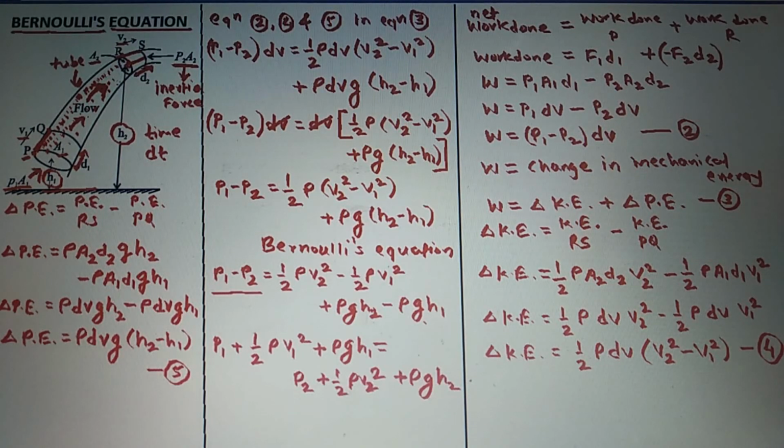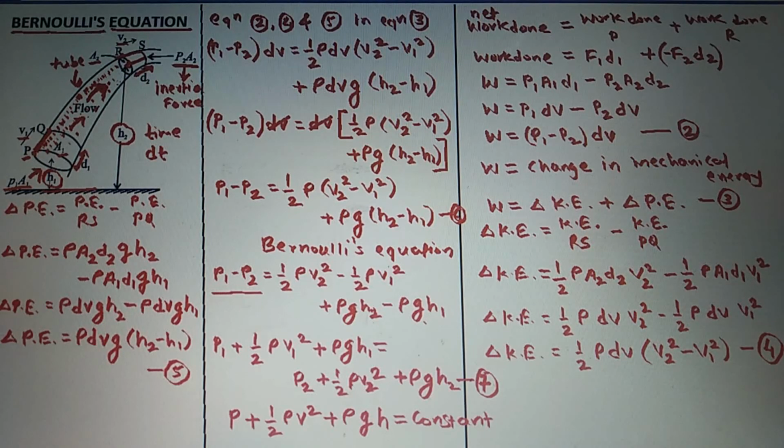Now we will take this Bernoulli's equation as equation number 6, and this equation, P1 plus 1 by 2 rho V1 square plus rho g H1 is equal to P2 plus 1 by 2 rho V2 square plus rho g H2, as equation number 7. So from equation number 7 we can write that the pressure P plus 1 by 2 into density rho into velocity square plus density rho into gravity into height is equal to constant.